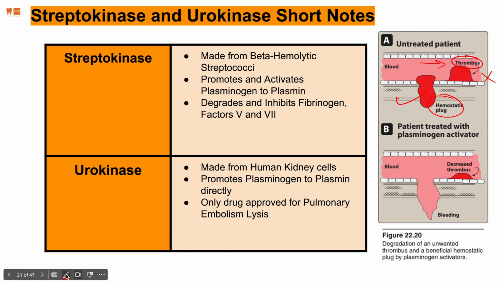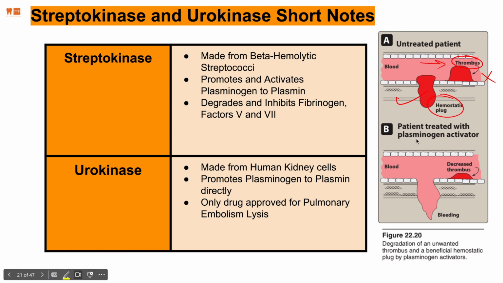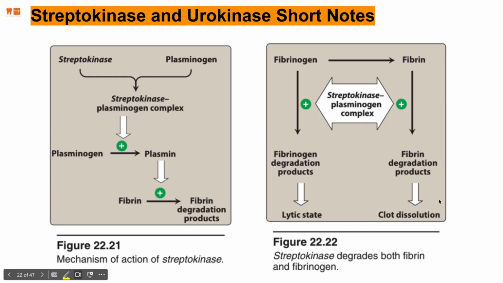Now, as soon as we take plasminogen activator treatment, so in essence we got the TPA or we got the streptokinase, all of these treatments, then the plasminogen converts to plasmin, the thrombus, the fibrin clot is broken down, and we have more space for blood. Perfect. But the hemostatic plug is also broken down, and now we have bleeding. That's the problem with fibrinolytics.